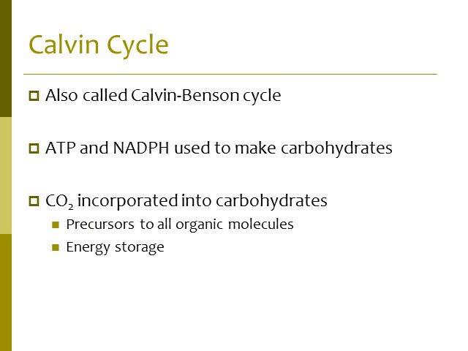The Calvin cycle, or the Calvin-Benson cycle, depending on the book you're looking at, is named after the people that figured this cycle out. We're going to take our ATP and our NADPH, and we're going to use them to make an organic molecule or carbohydrates. Our carbon dioxide is going to be incorporated with hydrogens from our NADPH to create these carbohydrates.